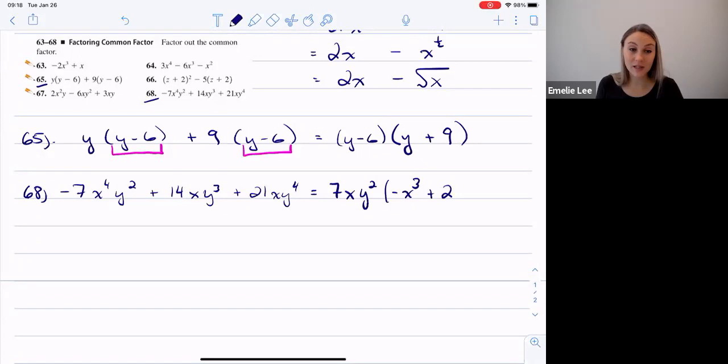I've got the x under control, and I need another y here. y times y squared makes y to the 3, thinking about those exponent laws. Same idea: from 21, what do I need to multiply 7xy squared by to get to 21xy to the 4th? So again, I'm going to have plus 3y to the power of 2.